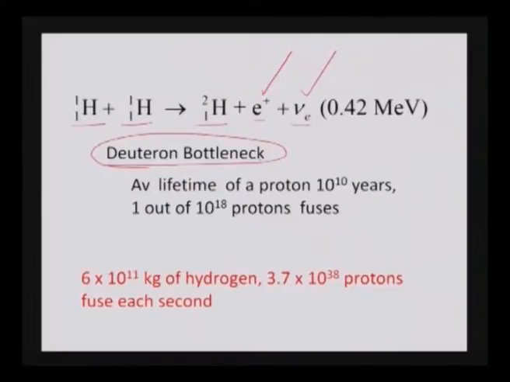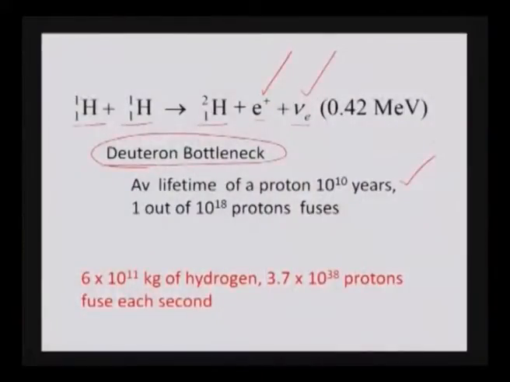It is known as deuteron bottleneck, and the probability of this reaction is so small that average lifetime of a proton in that situation, I am not talking of proton decay or anything, how much time it should be there before another proton comes and makes it a deuteron.